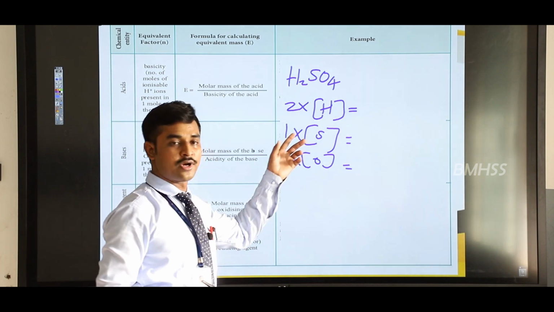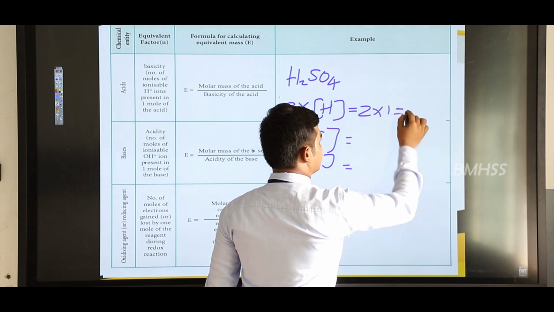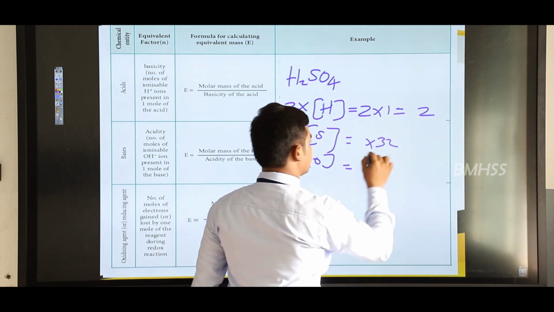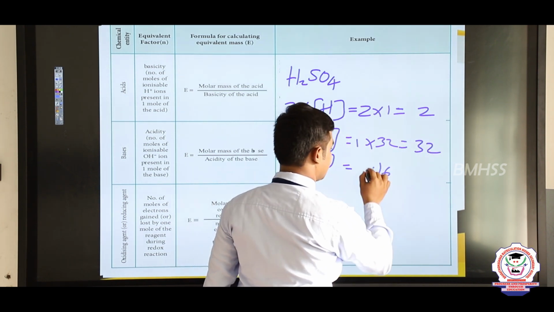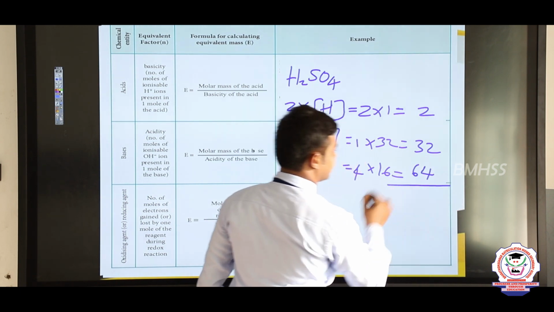The atomic mass of hydrogen is 1. So, multiplying 1 by 2, we get 2. For sulfur it is 32, so the answer is 32. For oxygen it is 16, and 4 oxygens are present here, so the value is 64.